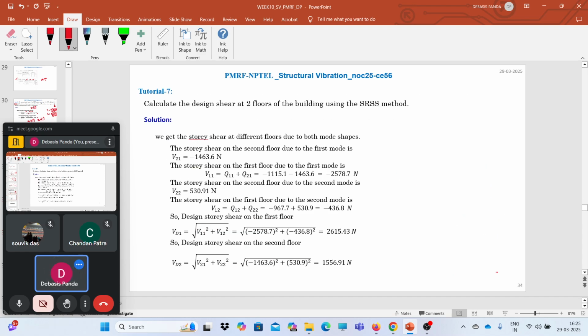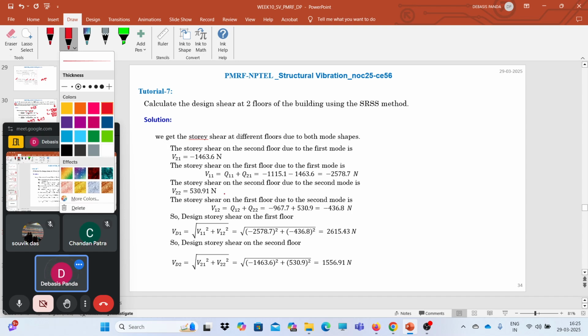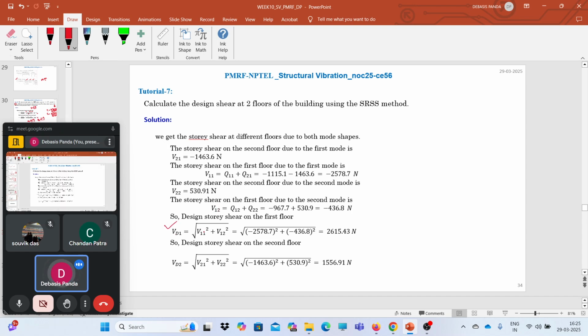So in this way we can calculate the Storey shear for those two particular modes. Now once we have the Storey shear, we can easily calculate the design shear using the SRSS rule. So what we need to do is add the Storey shear for the first floor using SRSS: V11 square plus V12 square. Again, V2 will be V21 square plus V22 square.